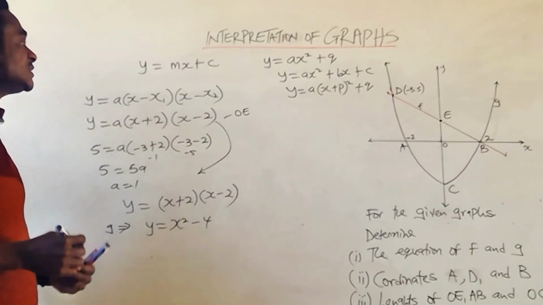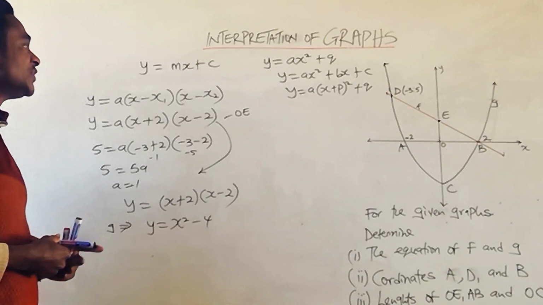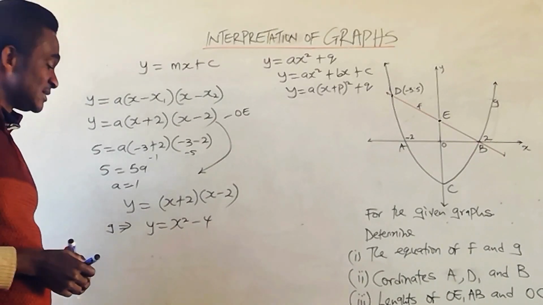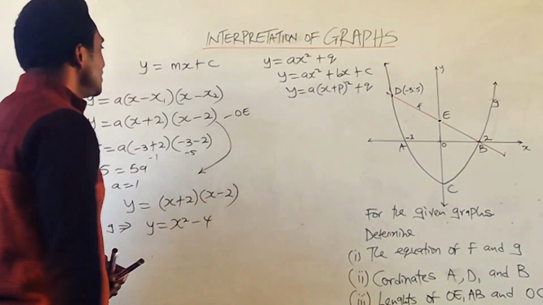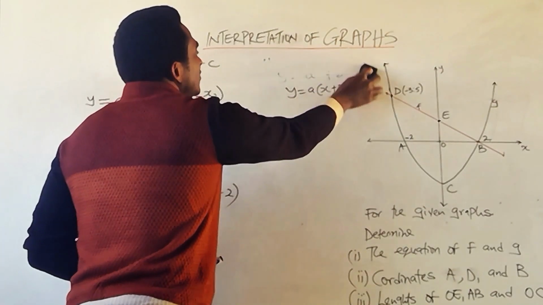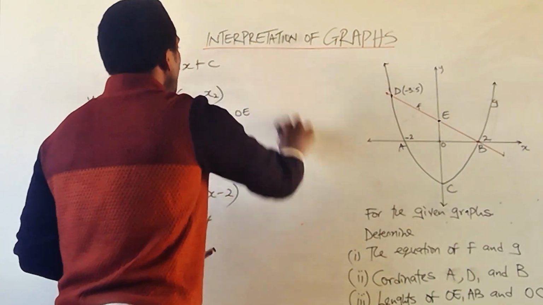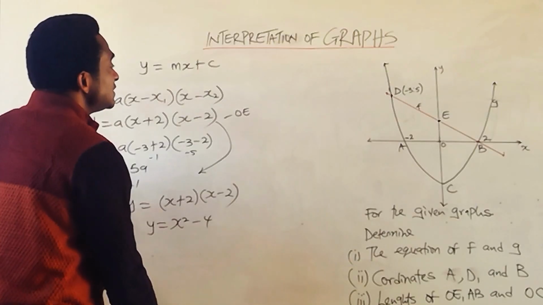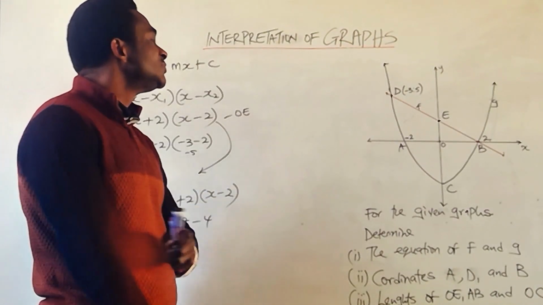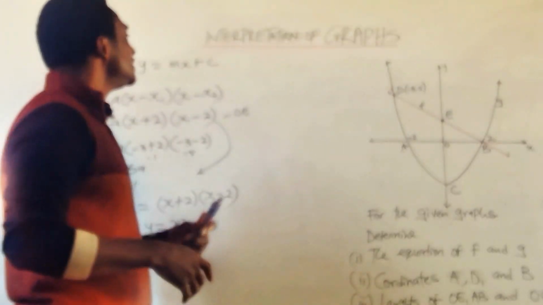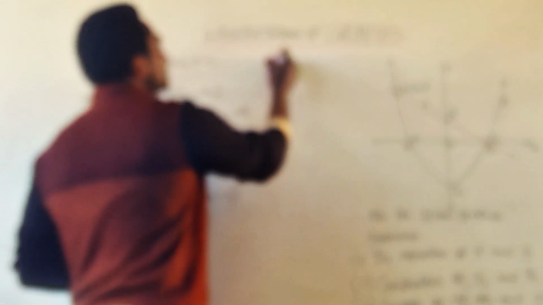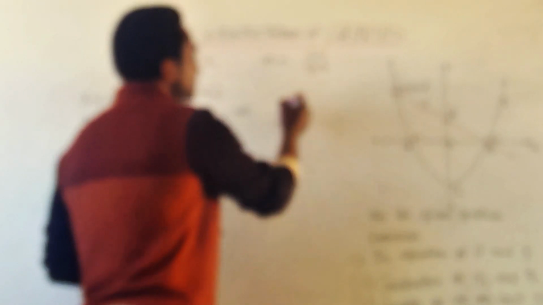Now let's look towards getting the equation of the linear function. So for the linear function, we use our c as the y-intercept. But in this case, the y-intercept was not given. So let's first of all get our gradient. Gradient is determined using change in y over change in x.